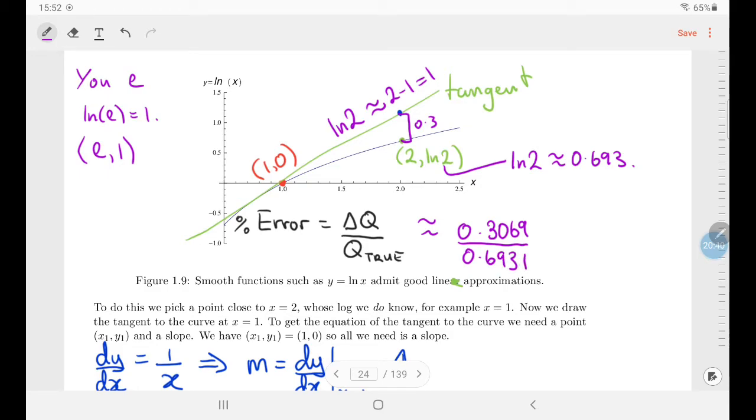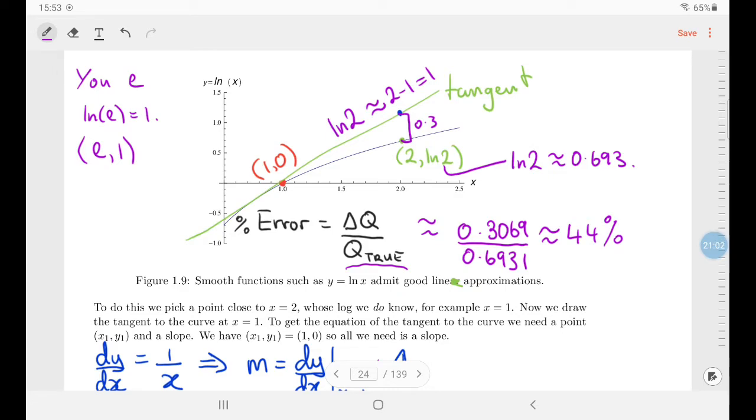So I get approximately 0.3069 divided by 0.6931, and to the nearest whole percentage I get about 44%. If you use the approximate value, you'll get a smaller error, but you should use the true value.